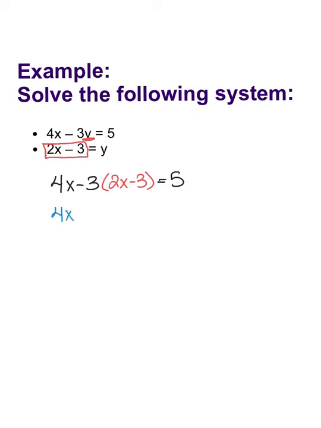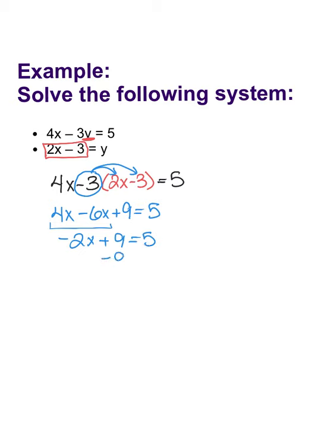If I rewrite here 4x, distribute my -3 to each term, so -6x plus 9 equals 5. This becomes -2x when I combine the x's, plus 9 equals 5. If I subtract 9, I get -2x equals -4, divide by -2, and I get x equals 2.